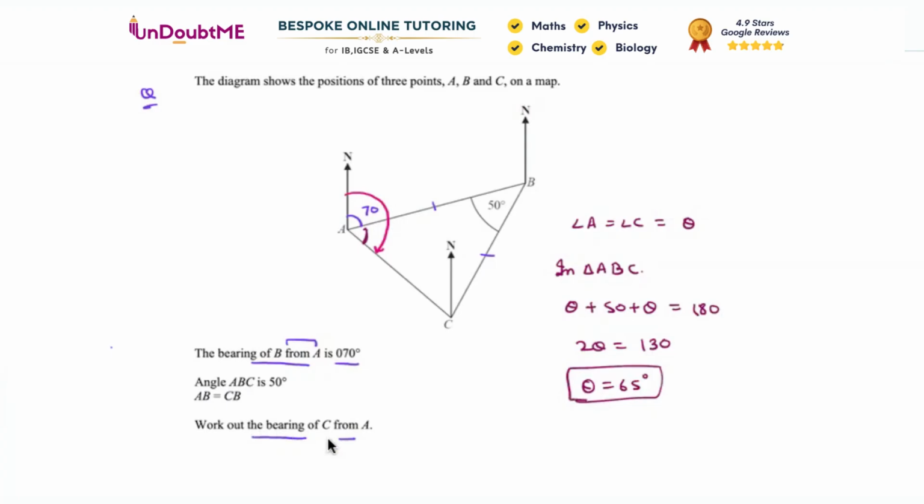Now, if I want the bearing of C from A, it means 70 plus 65. So the total angle will be 70 plus 65, and that will be 135 degrees. This is the final answer, and that's all we were supposed to do in this question.